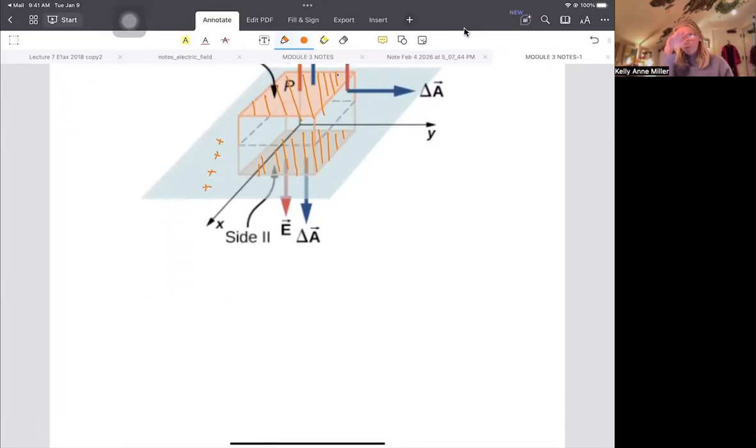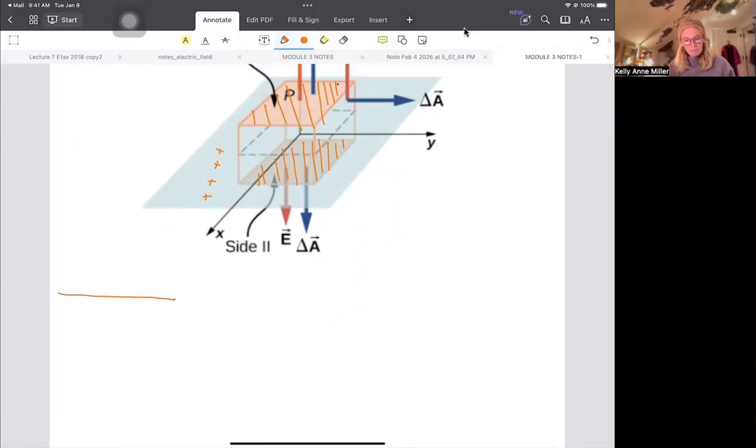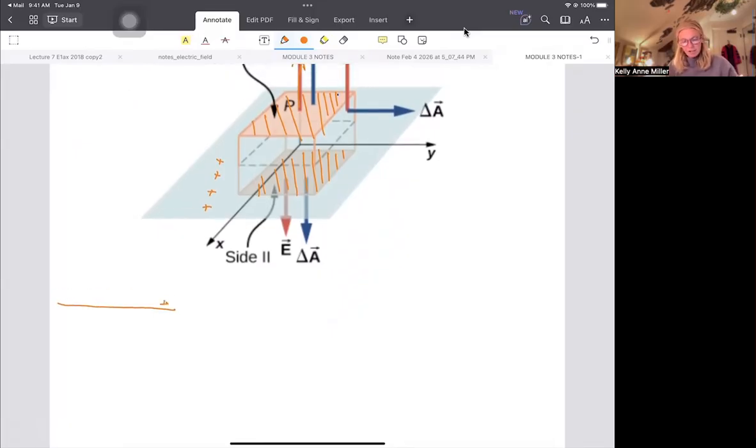If we look at it from the edge, it might be easier. You've got charges all along this plane, the electric field lines would look like this, and then I would draw my Gaussian surface like this. That would be my pillbox.